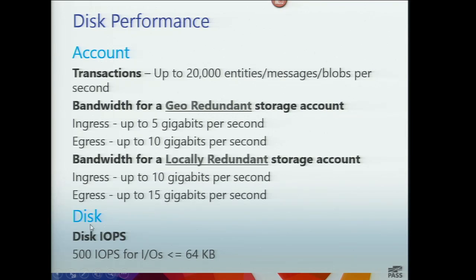And then as far as performance, for no caching disks, we've got an IOPS target of 500 IOPS for IOs of 64K and less. Right now this is not capped, but it will be capped shortly. Right now you'll see performance exceed this value sometimes, but it's going to be capped shortly to give you 500 IOPS, which will give you consistent performance across your VMs and across your disks.